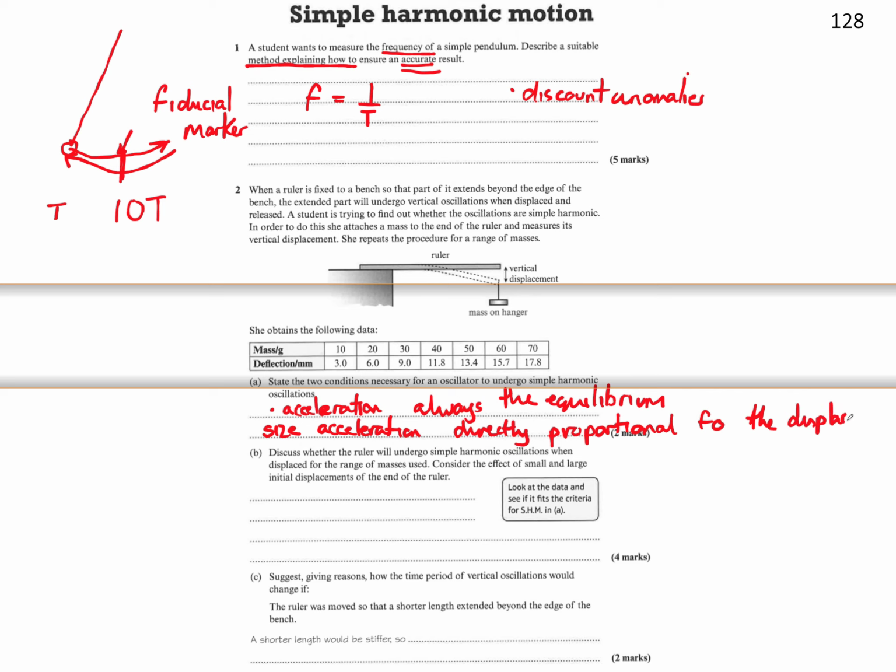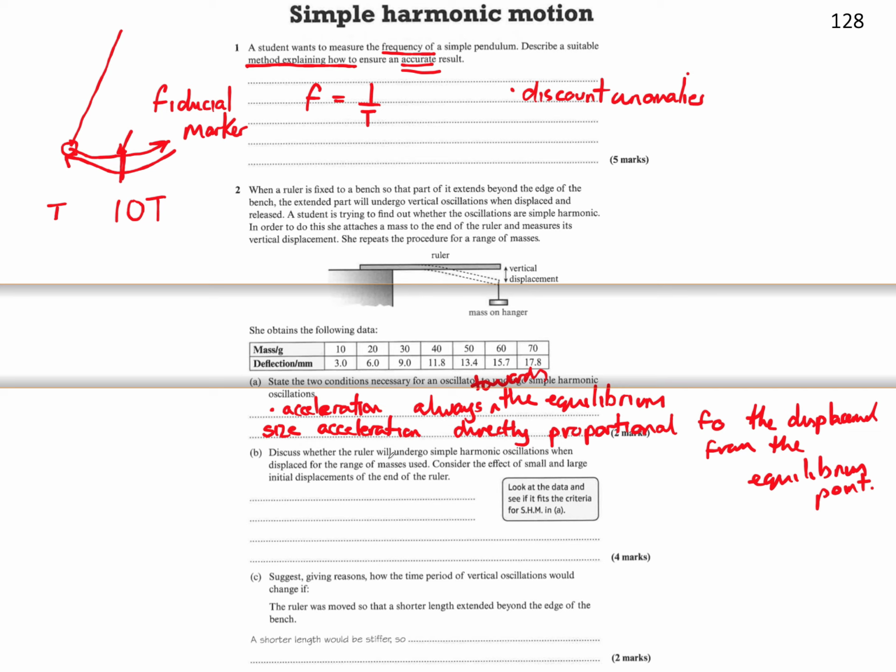Keyword: directly proportional. They're the conditions, and that's really key. The key things there are to always say that acceleration is always towards the equilibrium, and the size of the acceleration is directly proportional to the displacement from the equilibrium point.